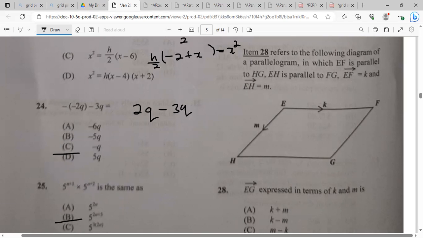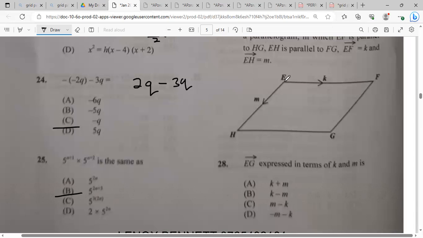If EF equals K and EH equals M, express EG in terms of K and M. All right, so they want us to find from E to G, which is from here to here. Now go that way, all right? So now go to G. This is parallel. So I'm going to go with the arrow, so K plus M. It's a very nice one.